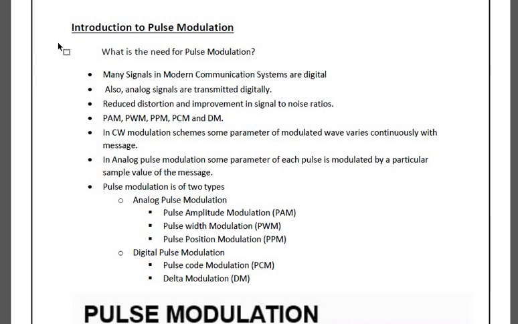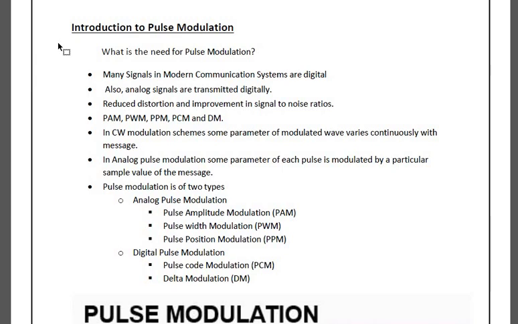So many signals in modern communication are digitalized because of the number of applications that we are having in this era. Every communication system requires digitalized data, and analog signals are also transmitted digitally. What we have seen in elements of digital communication is that your analog signal is now transmitted digitally, meaning you are converting your analog signal into a digital signal, so as to reduce distortion and improve the signal to noise ratio.